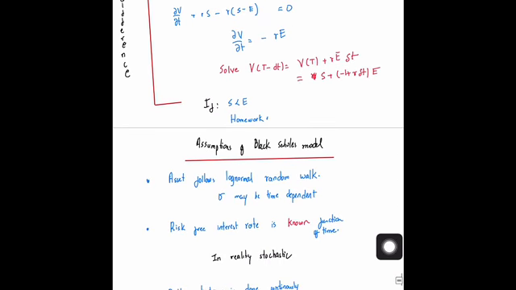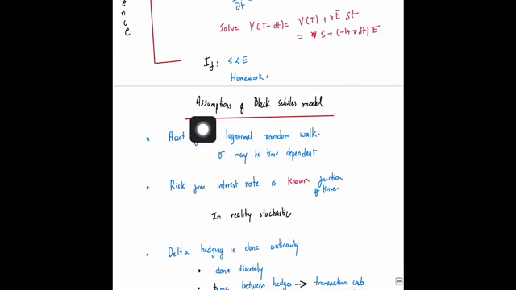Now, certain things went into the assumptions we made in the Black-Scholes model. One was that the asset follows a log random walk. The sigma that we considered was time independent, but it could be time dependent.